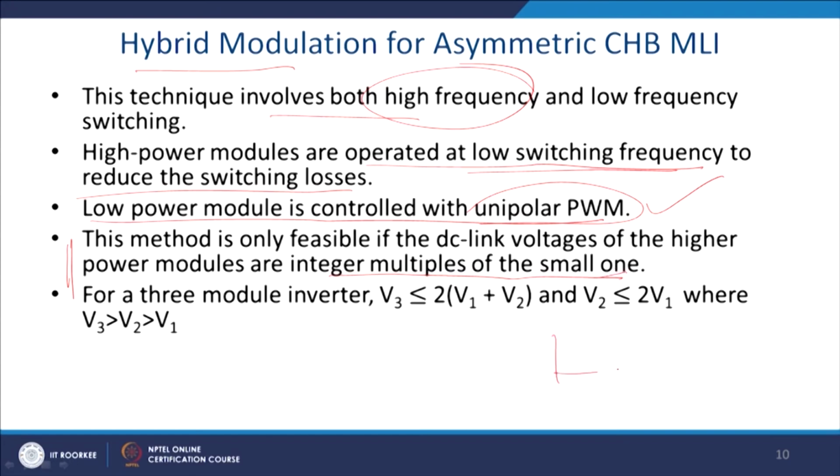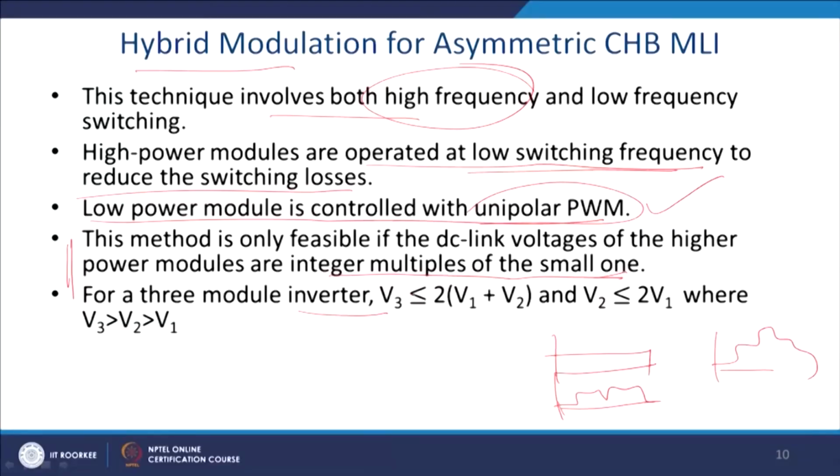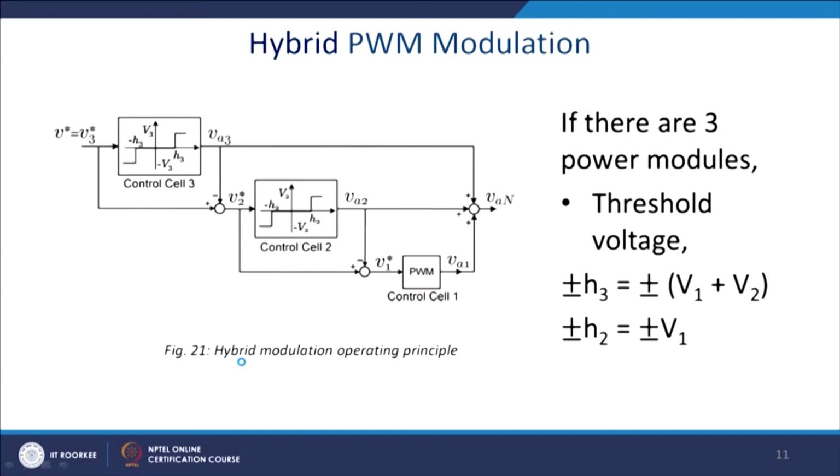So, you generate this amount of thing, then what you do, you add or subtract this thing. So, thus you can get a multi-level kind of thing. This is the way it operates, and for the module inverter V3 is less than this, and to make this condition fulfilled, V3 should be greater than V2 and greater than V1.